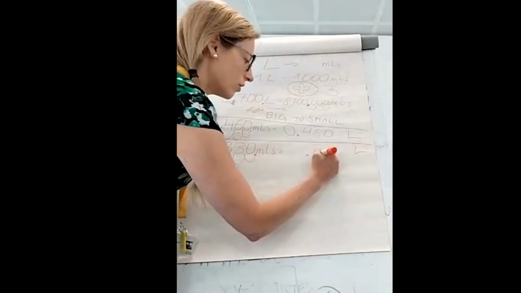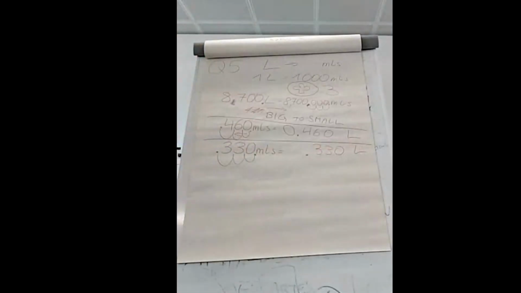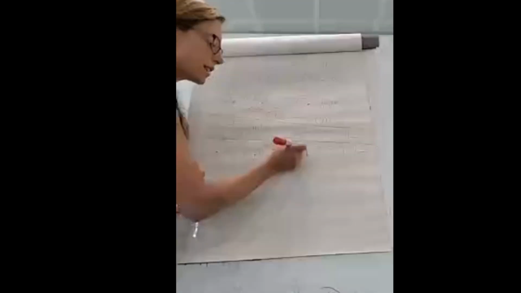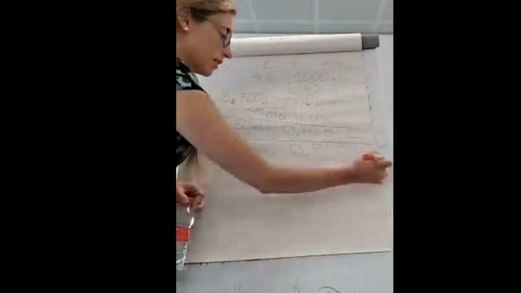So 330. Is this about right? We need to add a 0 because this bottle is not a liter. So 0 liters.